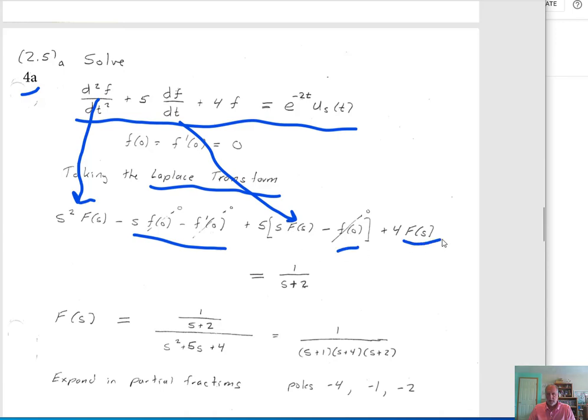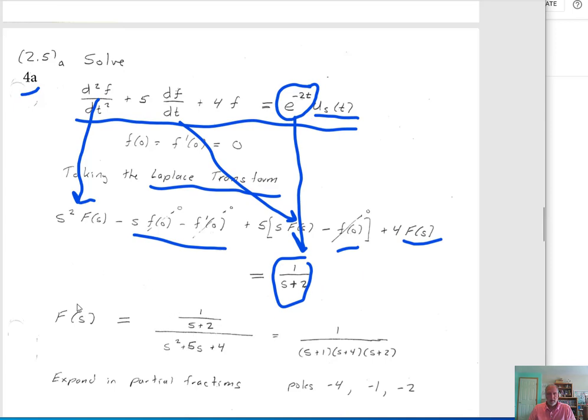The f turns into F in the Laplace domain. And then the right side, look that up. You just look up the e to the minus 2t in the tables, and you get this. You ignore this step function that's listed there. That just turns this thing on at time t equals 0. But that's how Laplace works anyway.